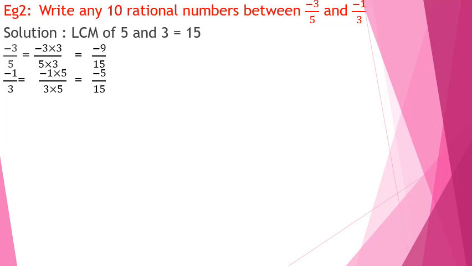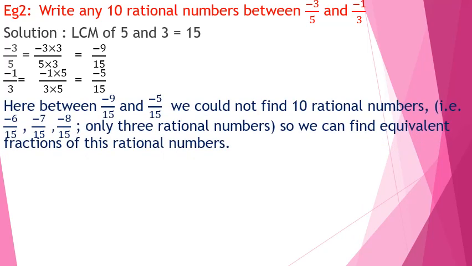And minus 1 by 3 equal to minus 5 upon 15. Between minus 9 by 15 and minus 5 by 15, we cannot find 10 rational numbers. Here we are getting only minus 6 by 15, minus 7 by 15 and minus 8 by 15. That is only 3 rational numbers we are getting.